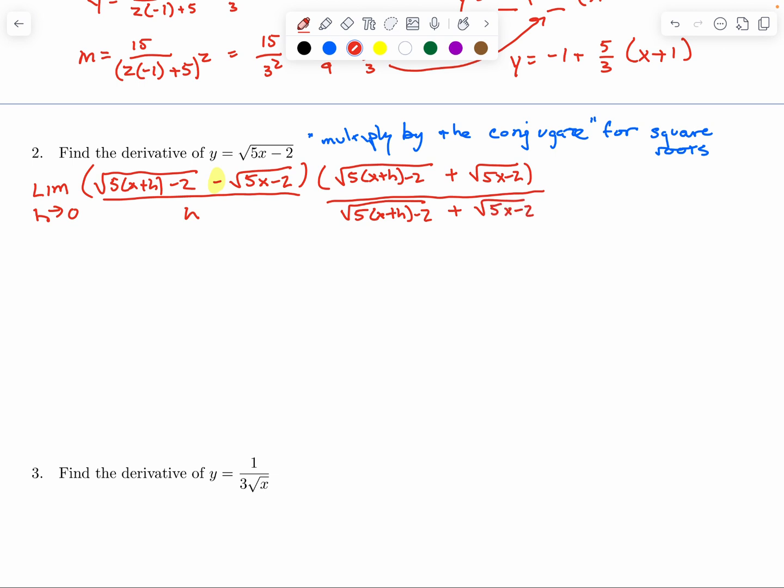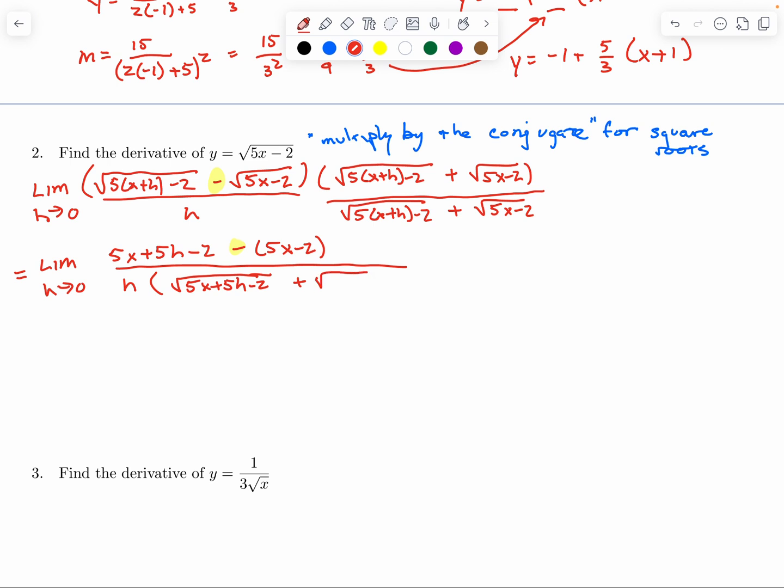Okay, and remember that what it does is kills off the square root signs on the top. I'm going to distribute the 5. Don't forget to subtract f of x properly. Bottom gets mucked up, but not in a way that causes division by 0. Okay, what all cancels?